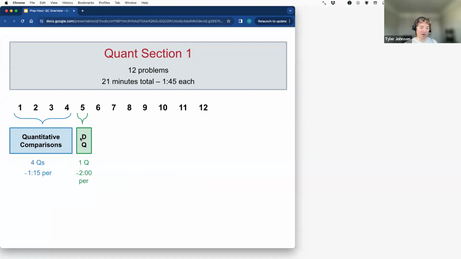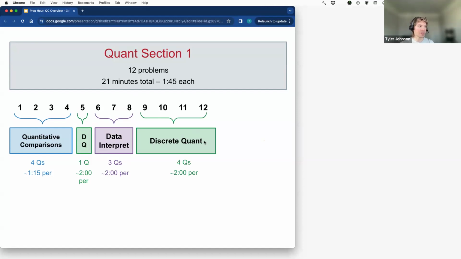And that's just kind of our terminology for the more regular math questions. That includes multiple choice, select all, and fill in the blank. Questions 6, 7, and 8 on your intro section are going to be data interpretation. That's where you get 3 questions based on a chart or a table. There's some sort of visual component.